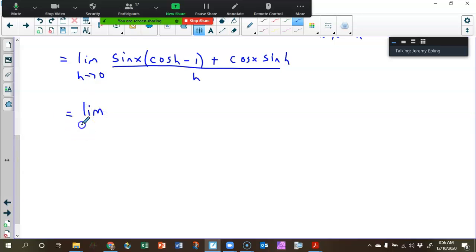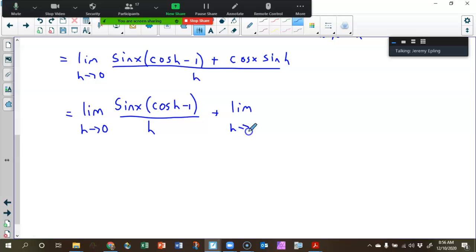So we'll make two limits out of this problem. The limit as h approaches 0 of sine of x times cosine of h minus 1 divided by h plus the limit as h approaches 0 of cosine x times sine of h divided by h.